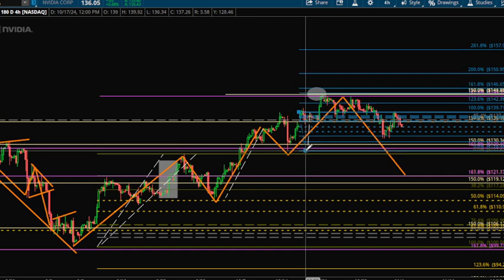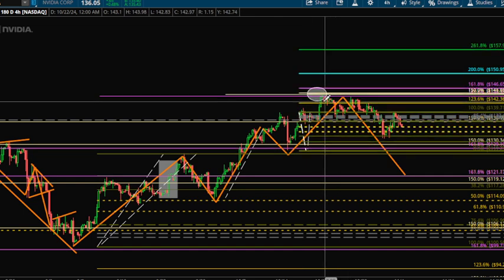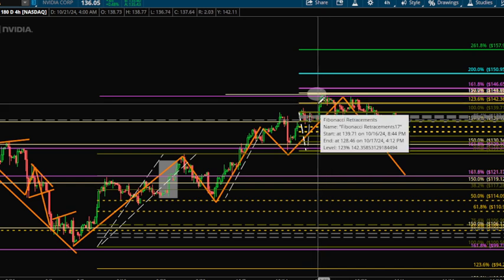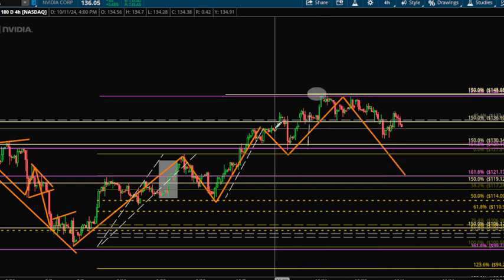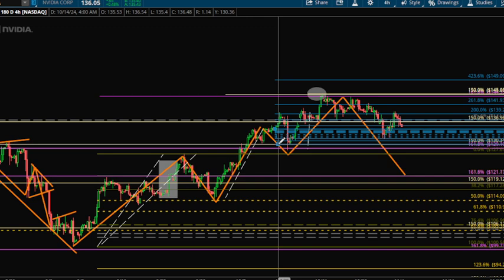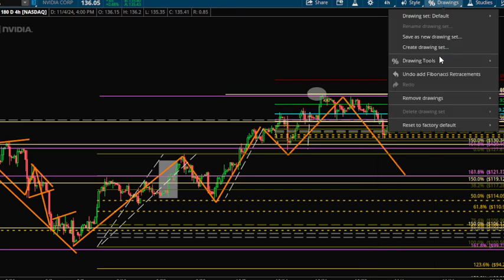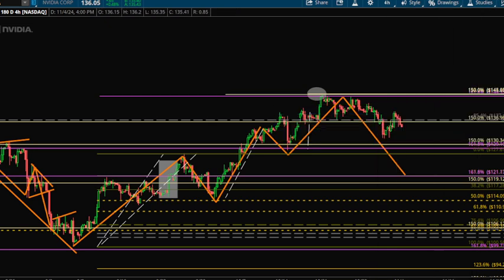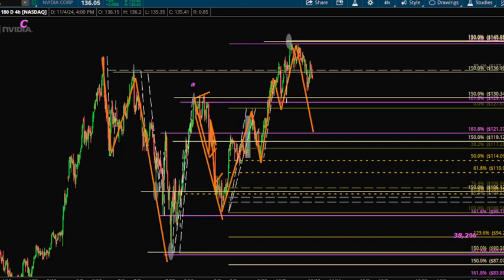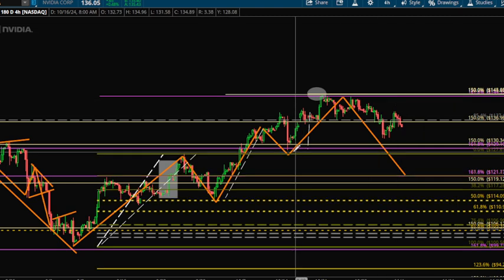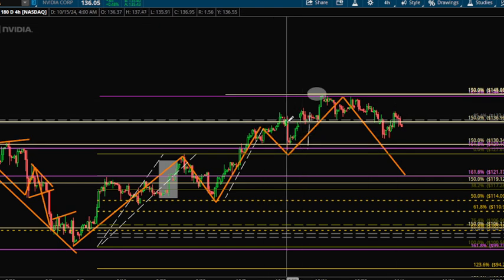I have my 123 fib in yellow, which is right here. That's not it. This is what I was afraid of.